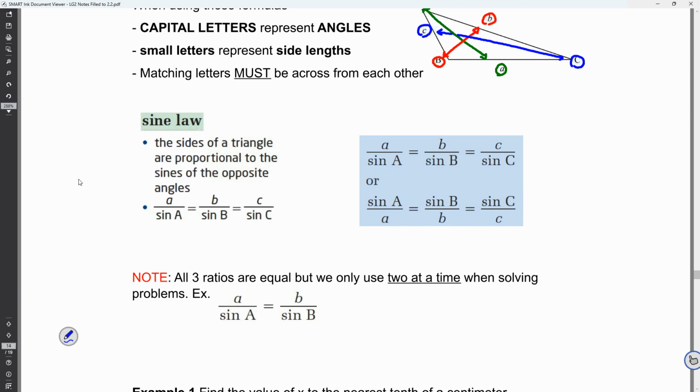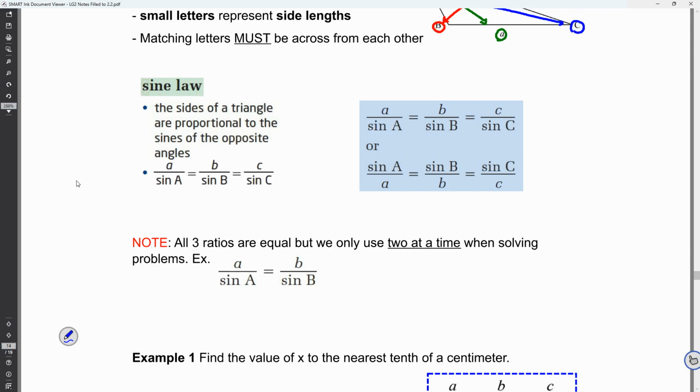What the sine law says is that the sides of a triangle are proportional to the sines of the opposite angles. So we have a over sine A is equal to b over sine B is equal to c over sine C. Or alternatively, we can also flip this: sine A over a, sine B over b, sine C over c.